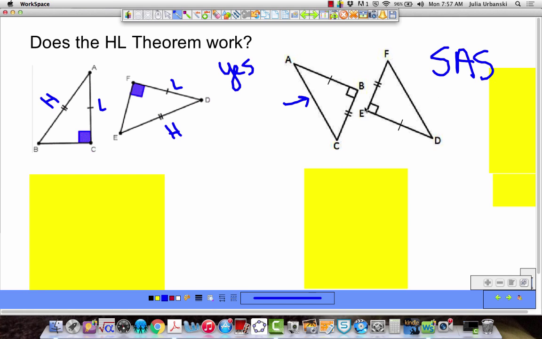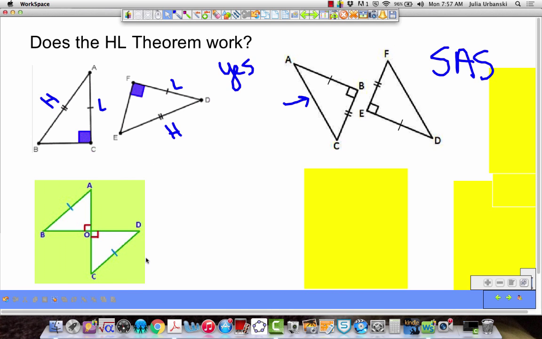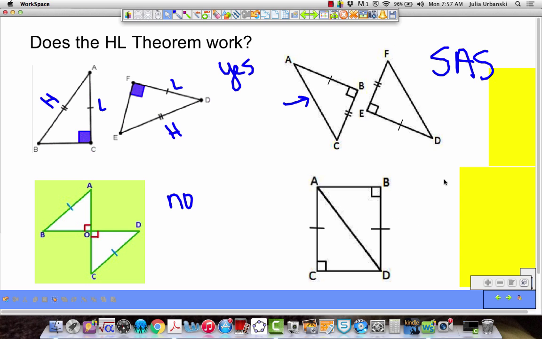So there's no hypotenuse leg, but there is side angle side. This one right here? No, there's no information on the legs, only on the hypotenuse. And this last one? Yes, because of reflexive. Good job. So that would be H on the reflexive part, that's across from the right angle, and the leg over here.